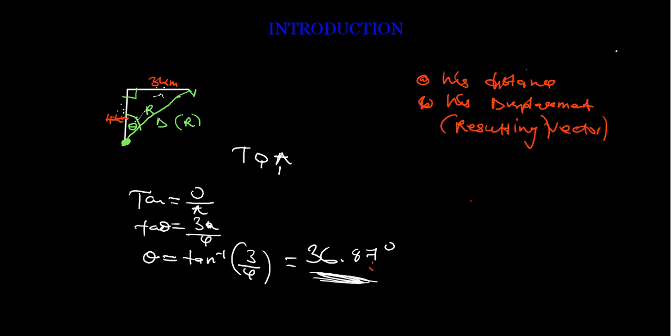Yeah, we have talked about the distance itself, the displacement. So the displacement is also called the resultant, and also the angle. So on a vector like this, we have talked about those things. So let's go.